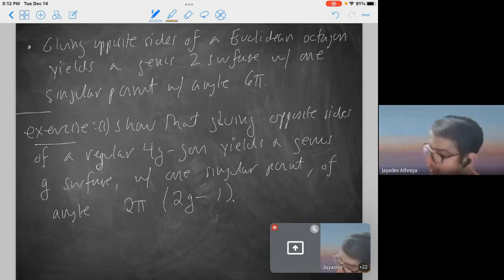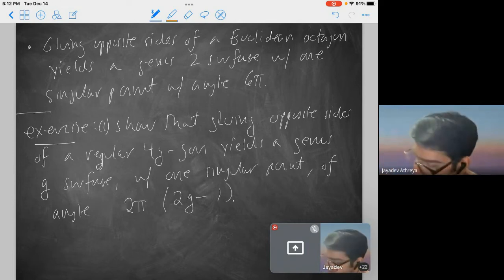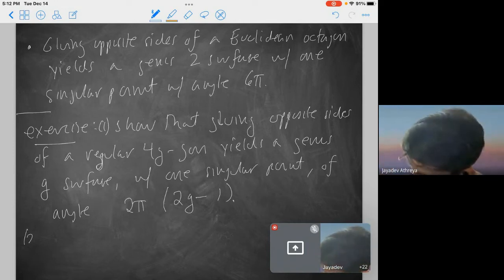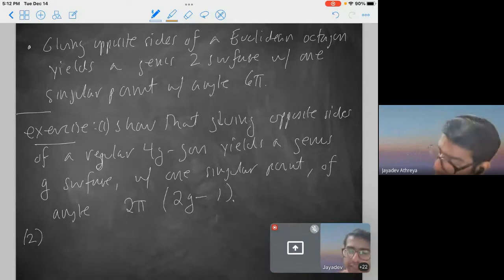Notice if G is equal to 1, you get an angle 2 pi. If G is equal to 2, you get an angle 6 pi. You might say, well, why did you go from a square to an octagon? Why did you skip the hexagon?